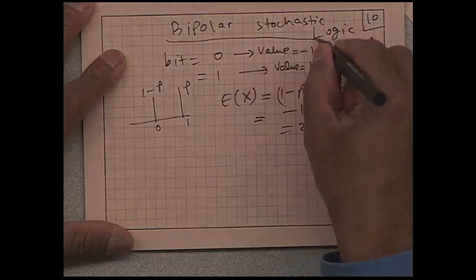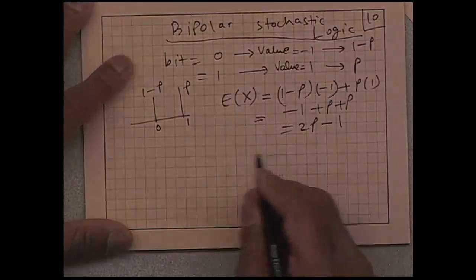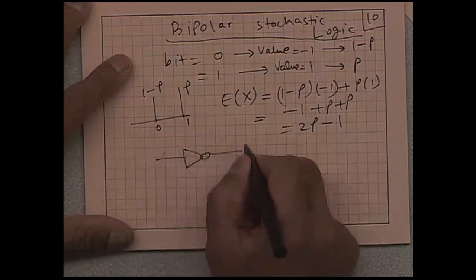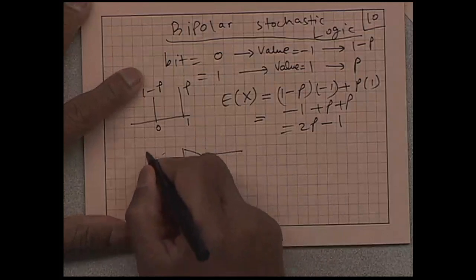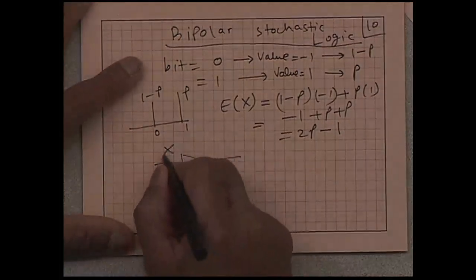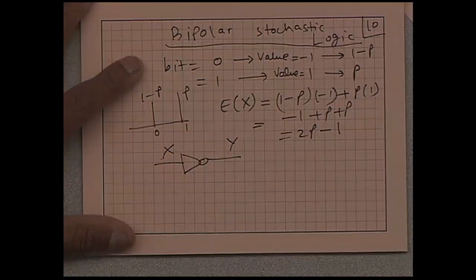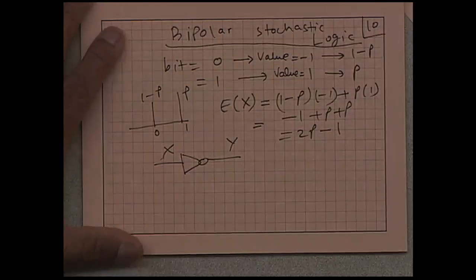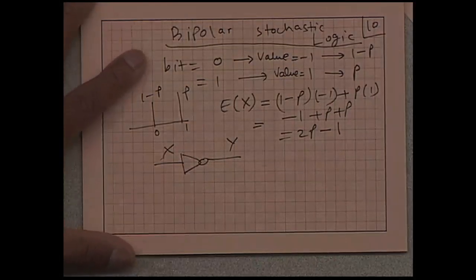That's that. So let's see what these gates are computing. Now if I have an inverter, and this is now bipolar, so think about the inverter, but the input and output are bipolar. Okay, so this is X, this is Y. Now what do you think will be the value of the inverter?